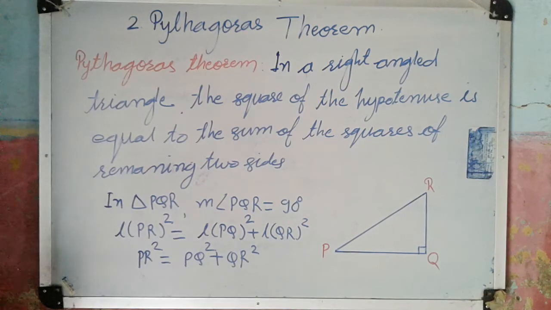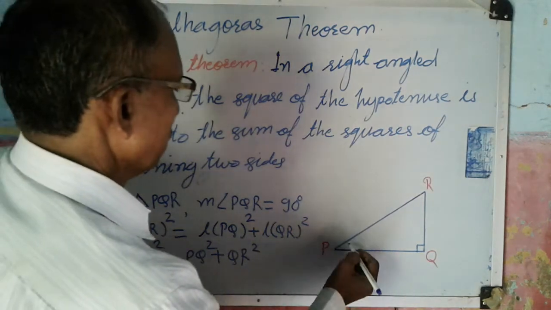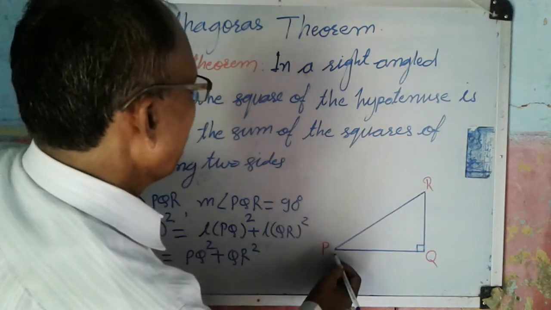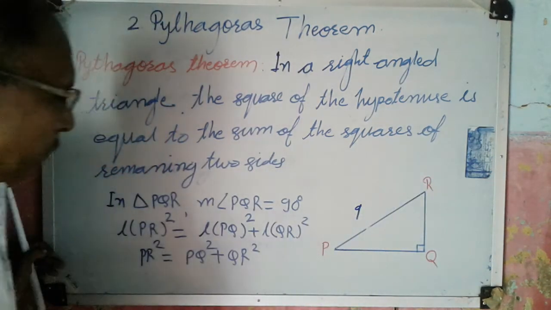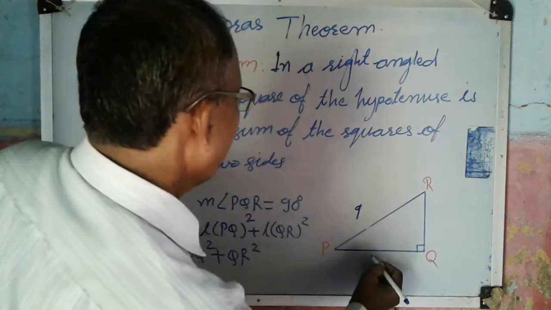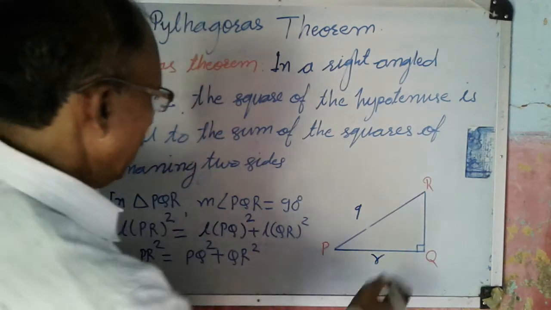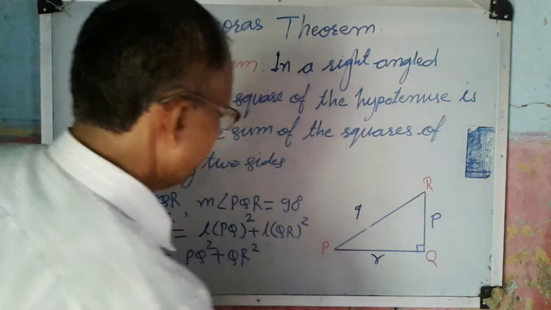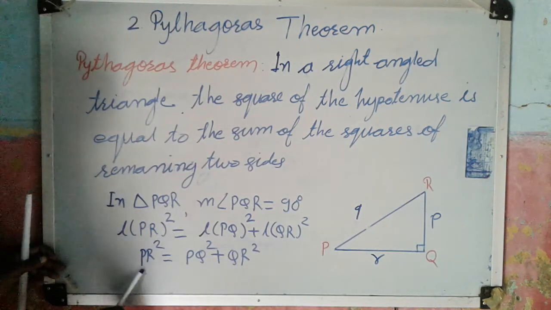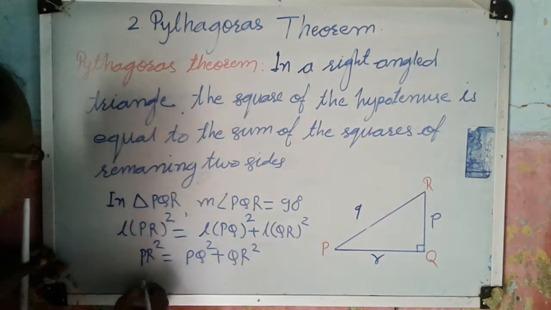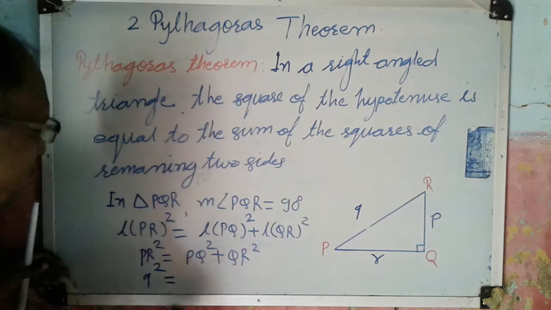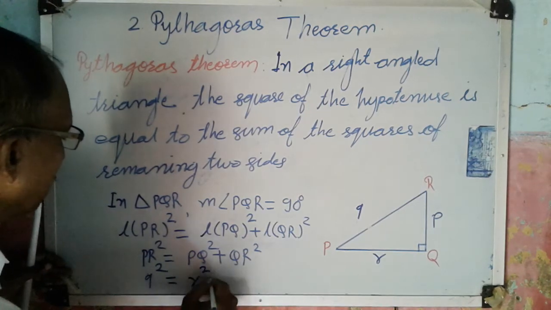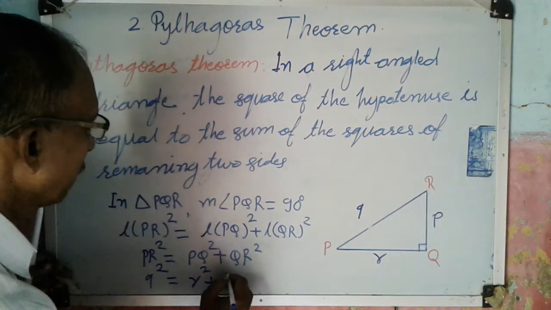Now suppose length of PQ is R, length of PR is Q, length of QR is P. So putting these values, we can write this formula as Q square is equal to R square plus P square.